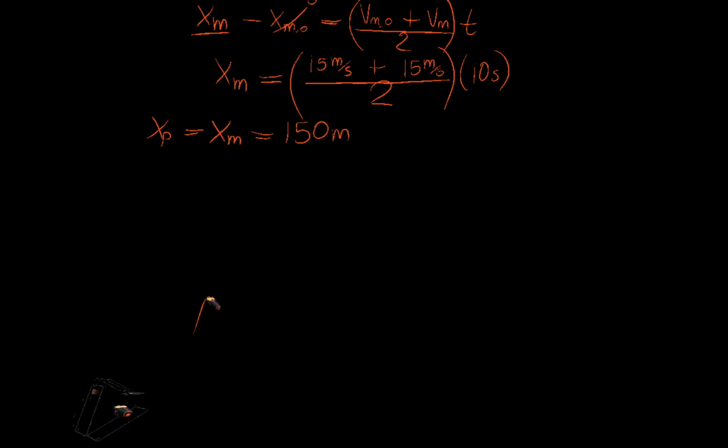So in free fall, acceleration is constant, and it is equal to, on Earth at least, g, the gravitational constant, g, which is equal to 9.8 meters per second squared.